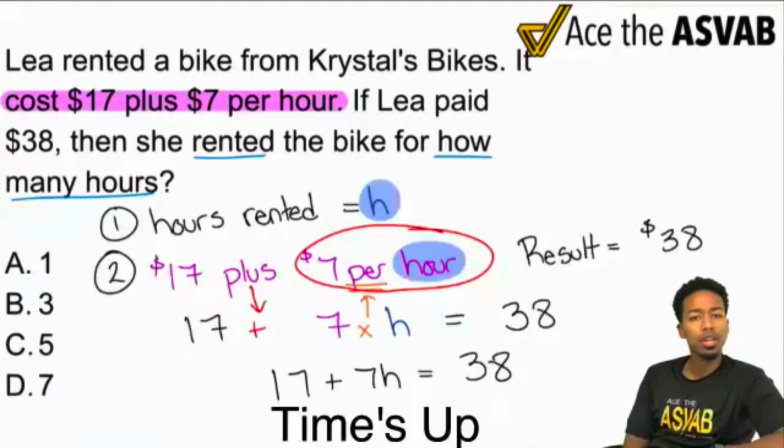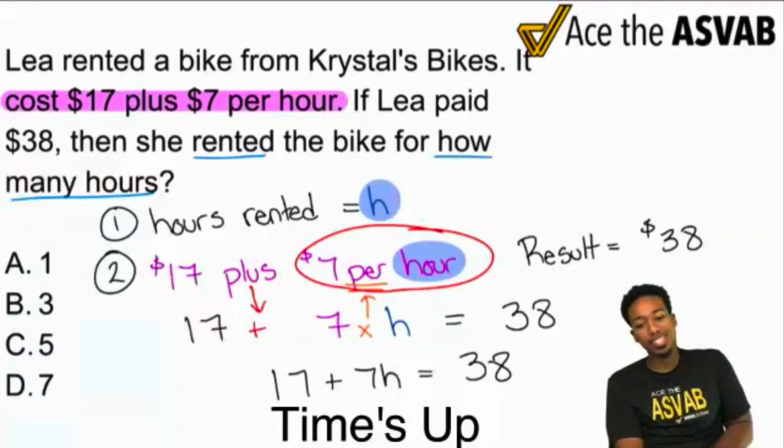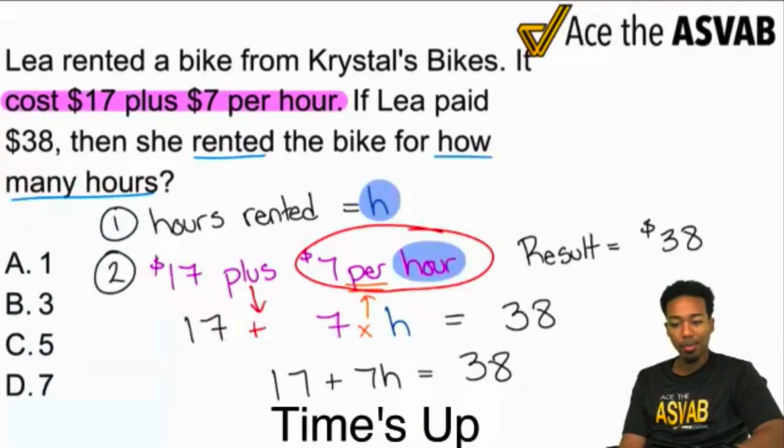And that was the answer. Again, I'm really focusing on the setup. I am not focusing on solving these equations. Because if we can get the setups right, then we can start solving it. But we can't solve an equation that we can't set up. So we've got to make sure we know how to set it up first.